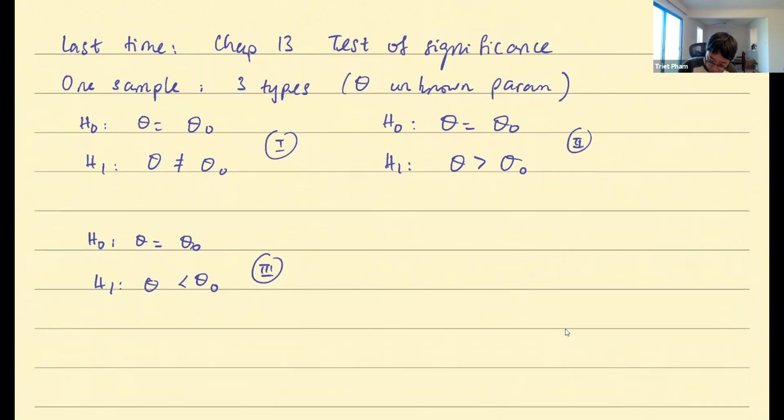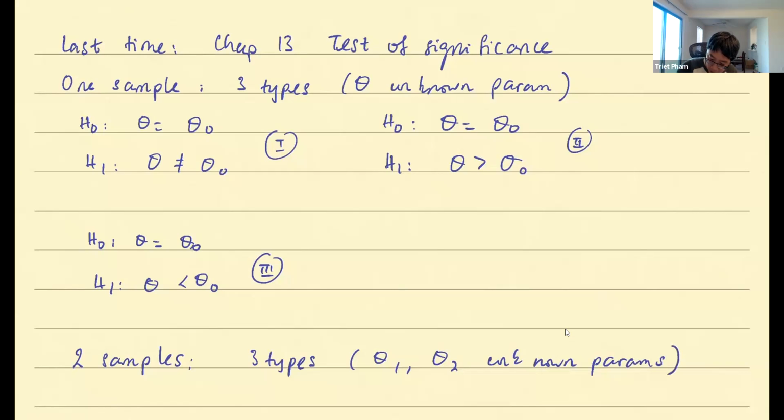And if you have 2 samples, we also have 3 types. Here theta 1, theta 2 are unknown parameters. I'm trying to distinguish: theta 0 here is some given value, whereas theta 1, theta 2 are the unknown parameters because you have 2 samples.